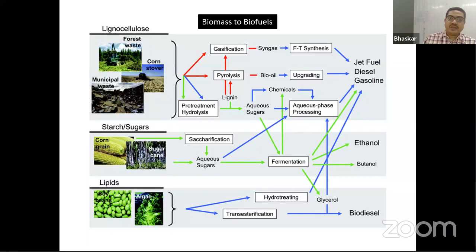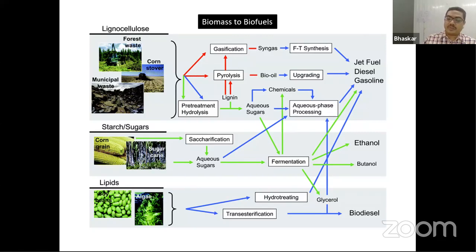This processing can be some form of pretreatment and hydrolysis if it is lignocellulosic biomass, and if it is sugars, we can directly go for saccharification or fermentation, and we can obtain ethanol or butanol. If it is lipid, we can subject it to a chemical process called transesterification.